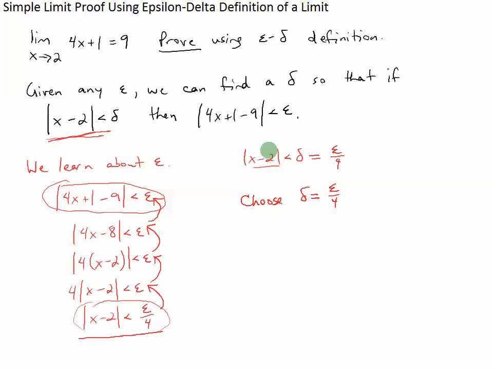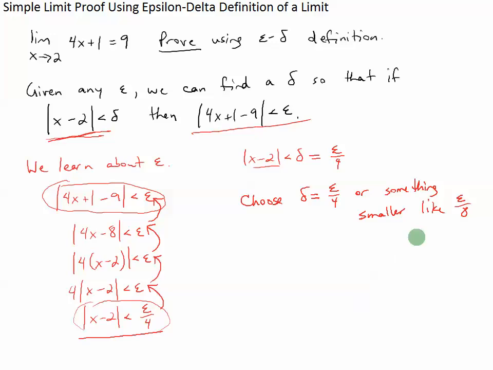Because if the absolute value of x minus 2 is less than epsilon over 4, which is what this says, then I already know that implies each of these statements, which implies what I want the conclusion to be, which is this. Okay? And I'll just make a little note here. This is the biggest epsilon I could choose, but I could choose something smaller, like, for example, epsilon over 8.